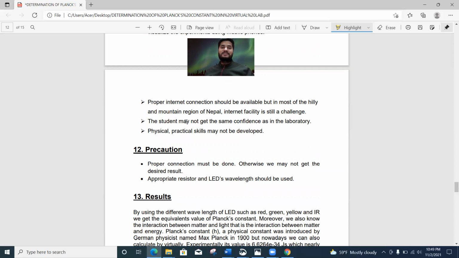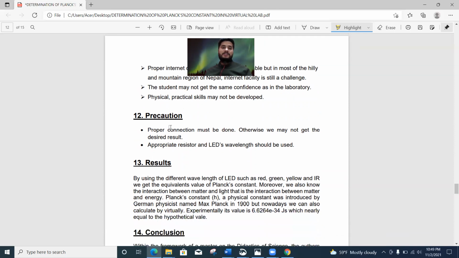But the virtual experiment faces this problem: what an LED looks like, different LEDs having different colors, what the physical shape of the rheostat is, and other equipment or tools used in the experiment. It is really low confidence; it gives us low confidence. Physical practical skill may not be developed.